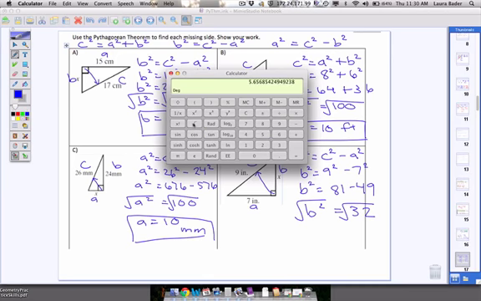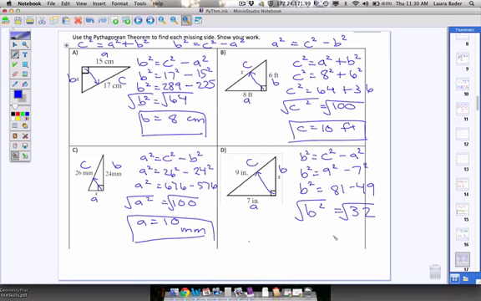So it tells me that it's approximately 5.7. I'm going to round it to 5.7 since it's 5.65. Okay? So B is approximately equal to 5.7. I use the squiggly equal sign to show that it's an approximation. And this one is measured in inches.